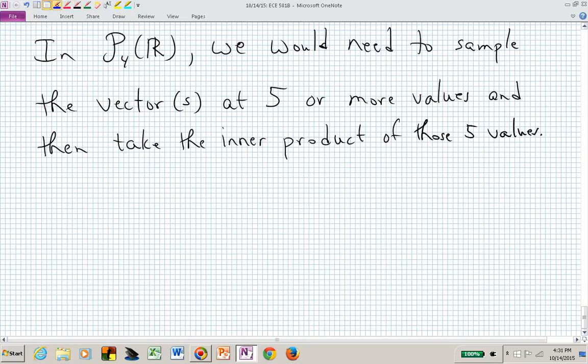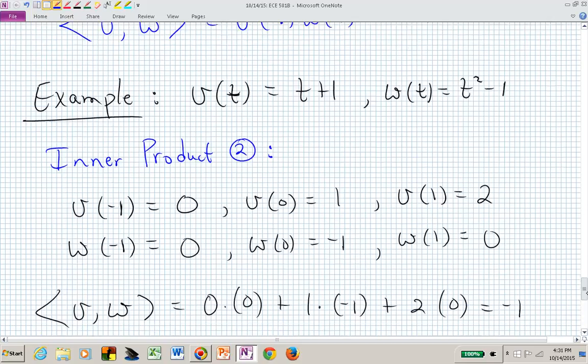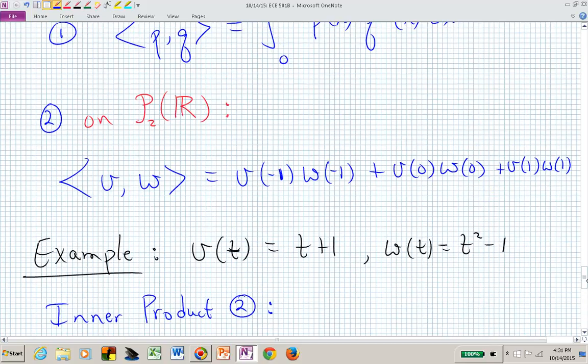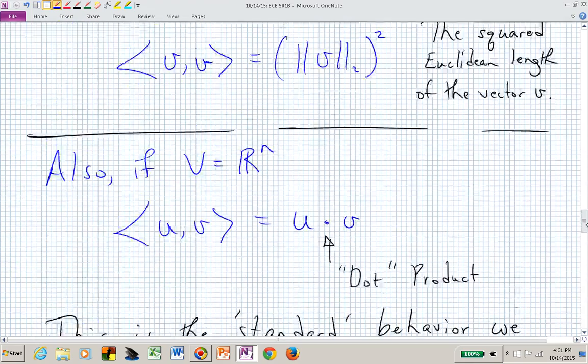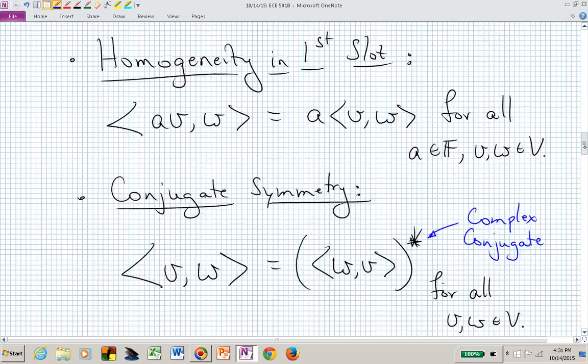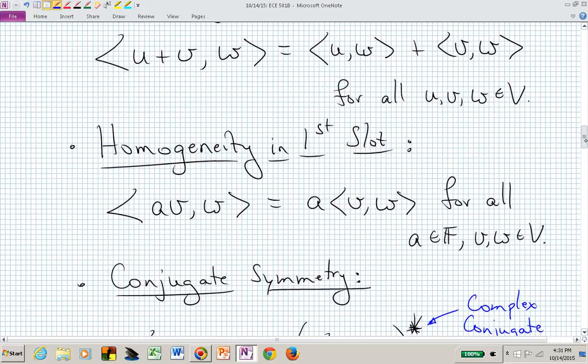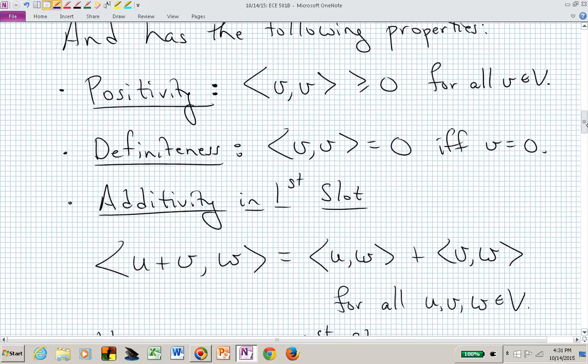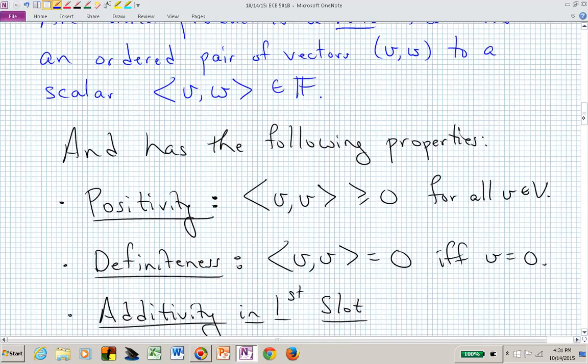Why is that important? Why are we having to sample this a certain number of times? Here is our definition on P sub 2, but now if we go back to the properties of this inner product, the one that we're playing with or having to satisfy is the second one, the definiteness one.